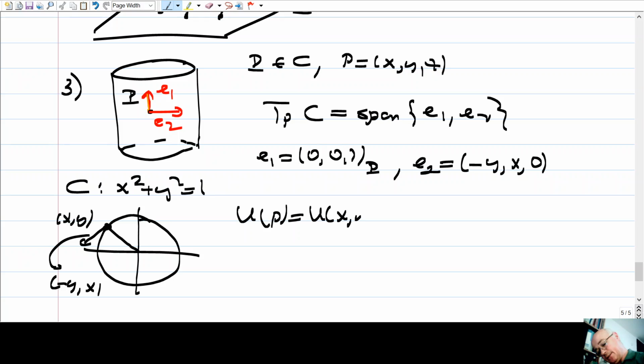So U at X, Y, Z is just X times U1 plus Y times U2, right? The normal vector is this.